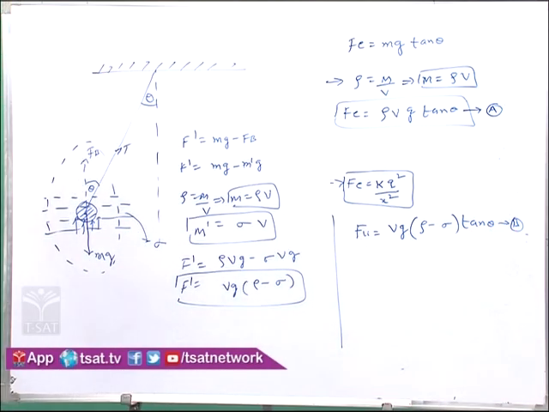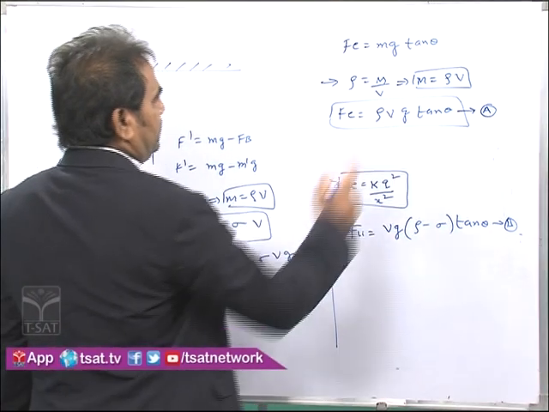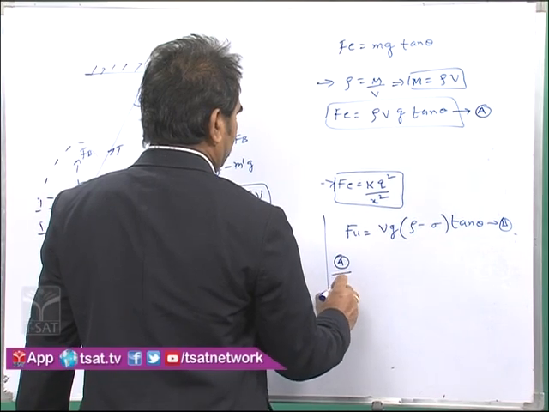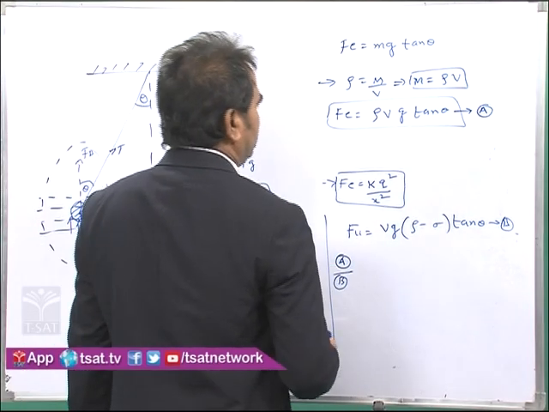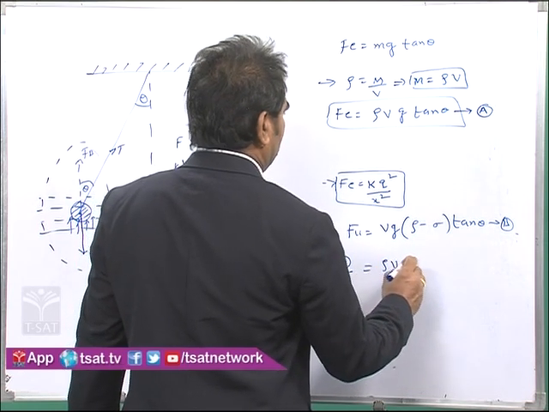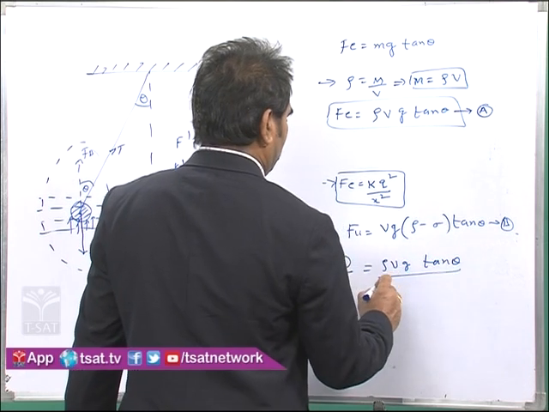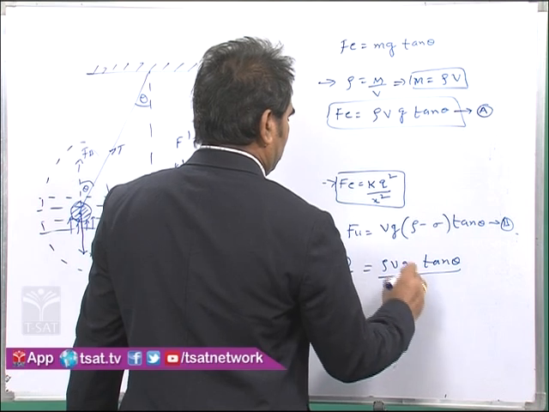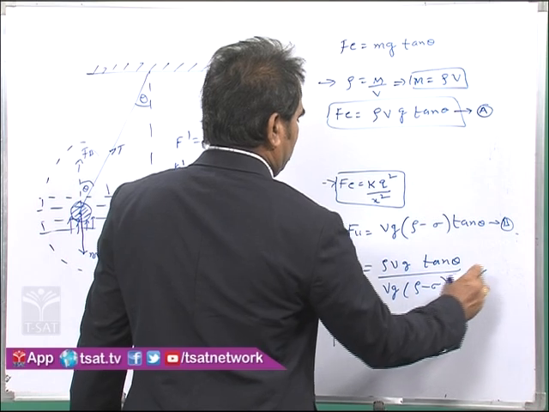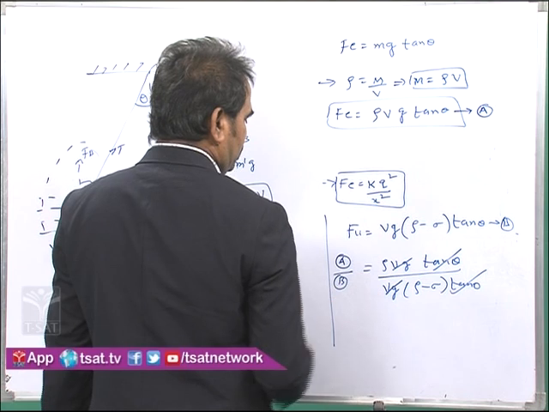Now we have to calculate the dielectric constant. Dividing equation number A by equation number B, we get the dielectric constant, that is equal to rho Vg into tan theta upon Vg into rho minus sigma into tan theta. In the numerator and denominator, tan theta gets cancelled, Vg also cancelled.